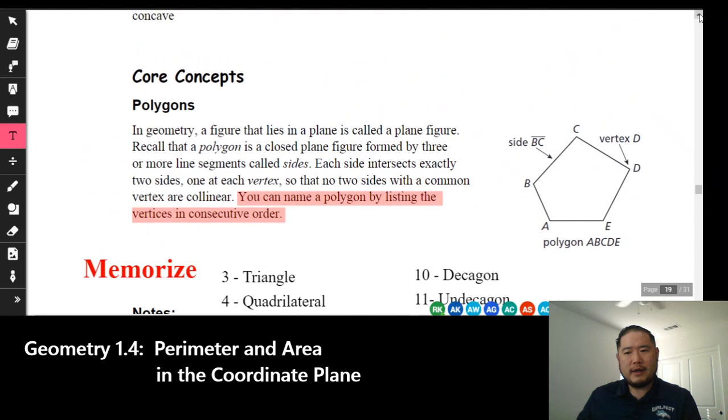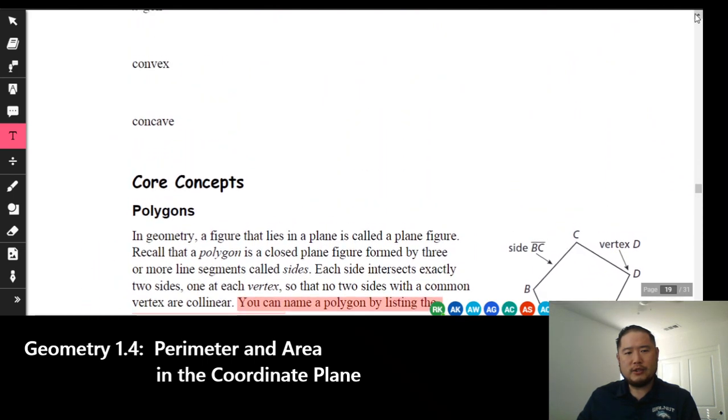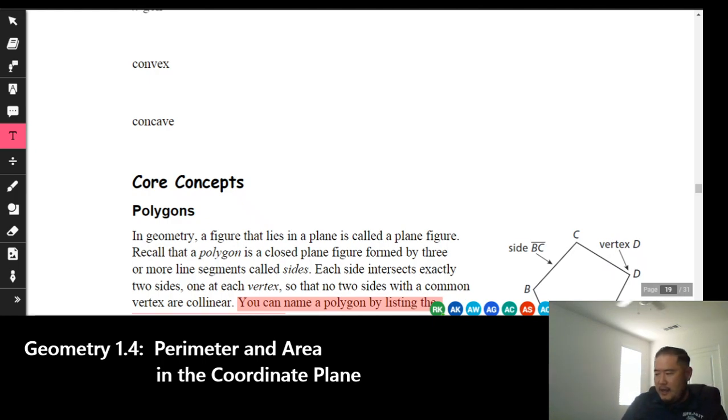Let's move back up right here and talk about these two terms, convex and concave. In a figure that happens to be convex, you will notice that all the vertices happen to be on the outside. So if it's convex right here, I have my triangle, and think about this.